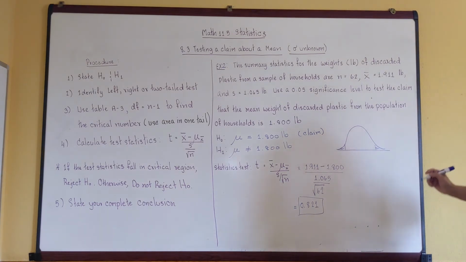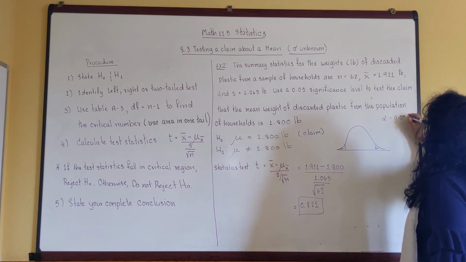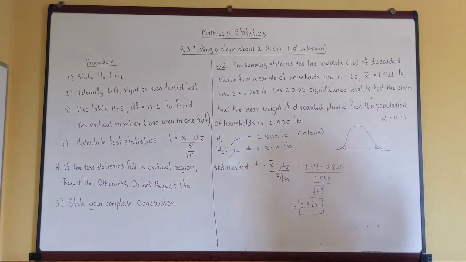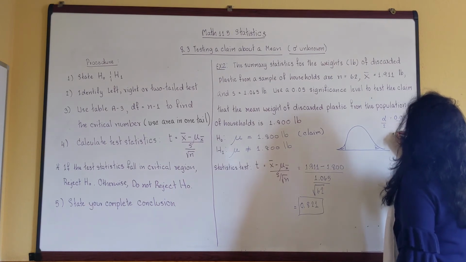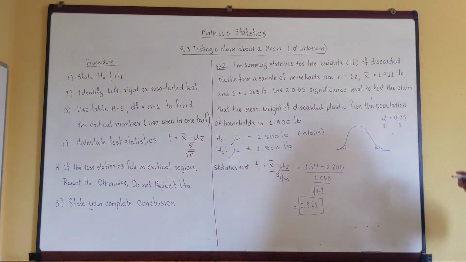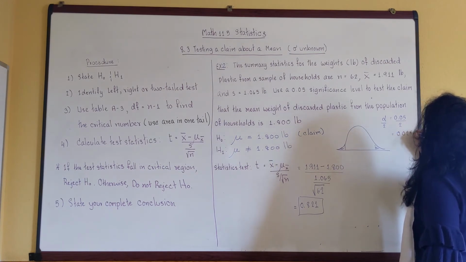My alpha I keep the same, which is 0.05. But because we have two shaded areas, we divide by 2, so alpha over 2 is 0.025.